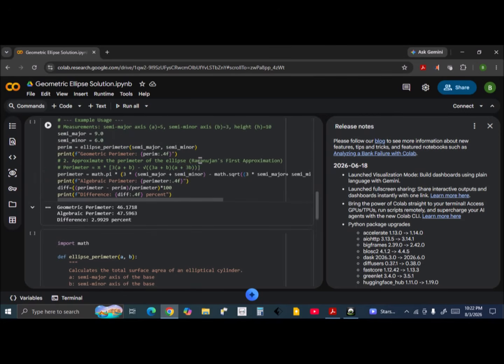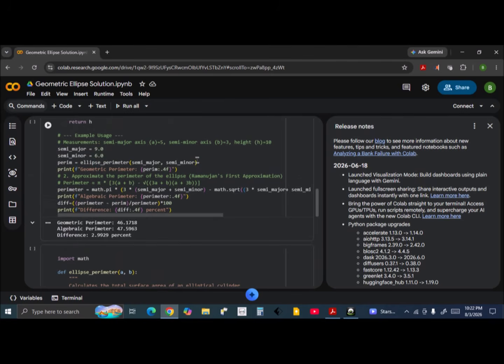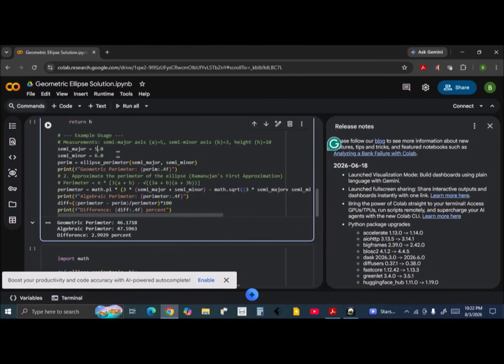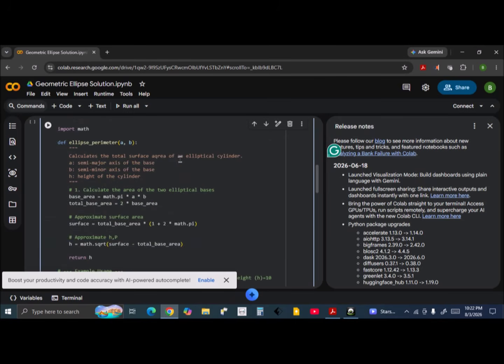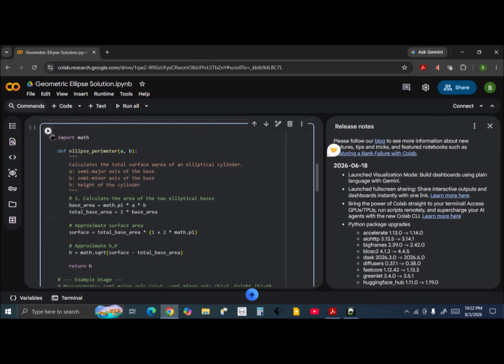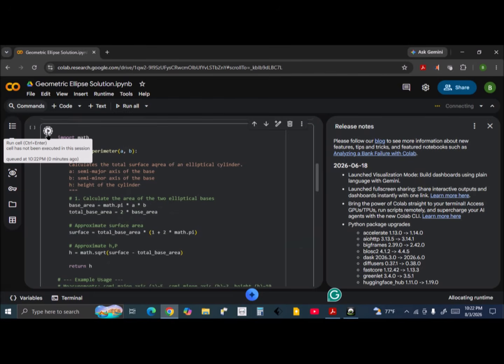And let's run it again using the value here. The value was 5 that was originally in there, and this value was 3. If we were to run it with these values, let's see what we get.